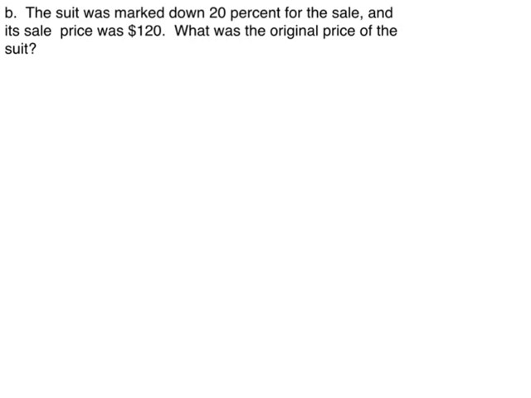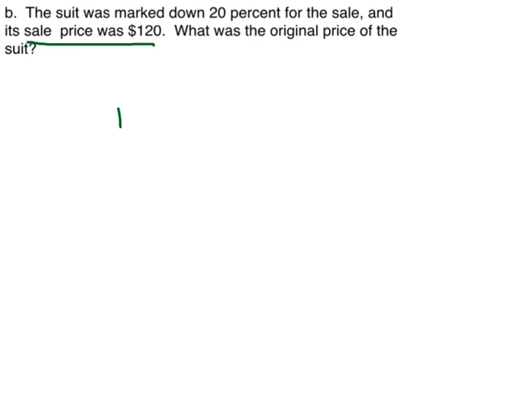All right, B says this suit was marked down 20% for the sale, and its sale price was $120. What was the original price of the suit? All right, the sale price is $120. Now, we're going to ask ourselves if the sale price is $120 and that was marked down 20%, then it's actually the same as 80% of the original.